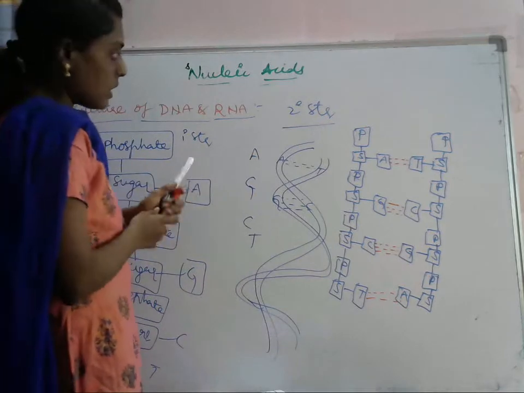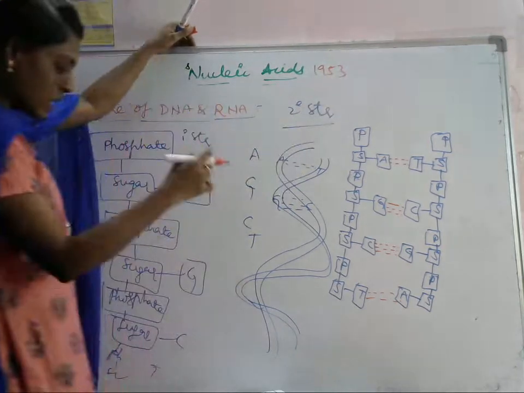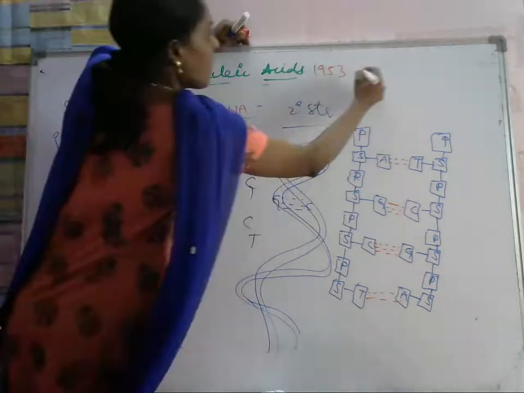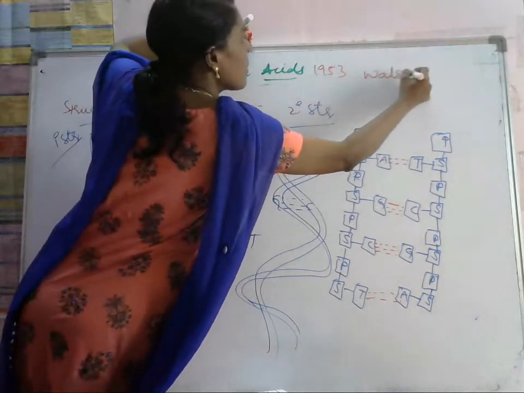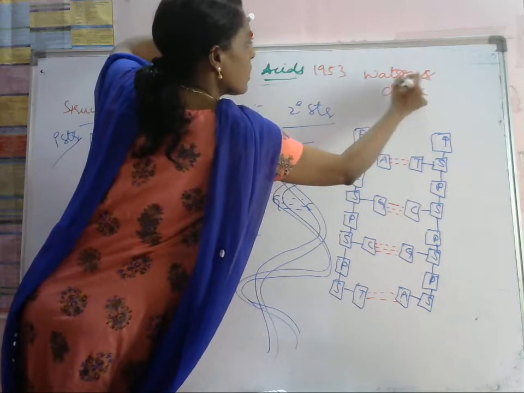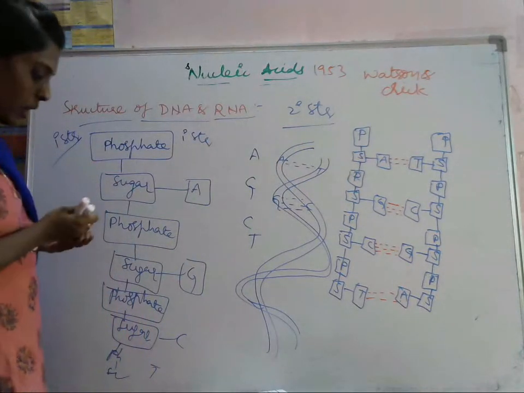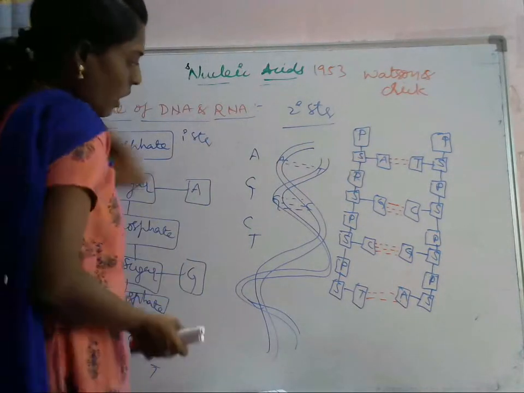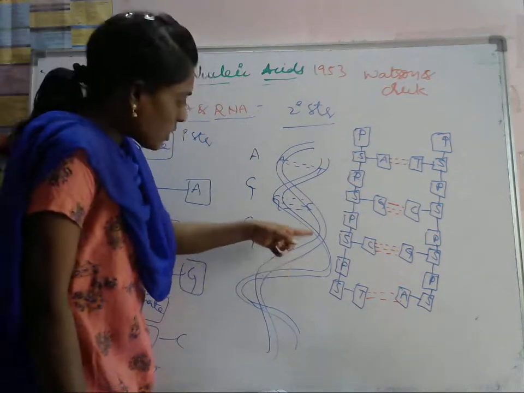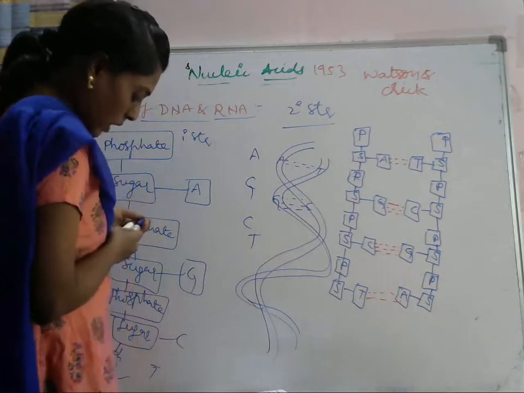In 1953, this is very important, this secondary structure was proposed by Watson and Crick. For this they got the Nobel Prize in 1960. Both strands form a wound helix.